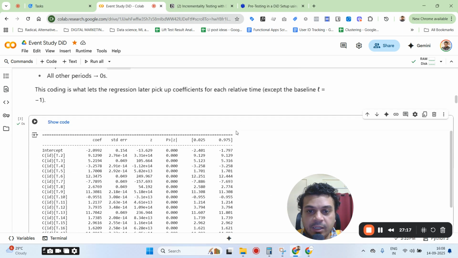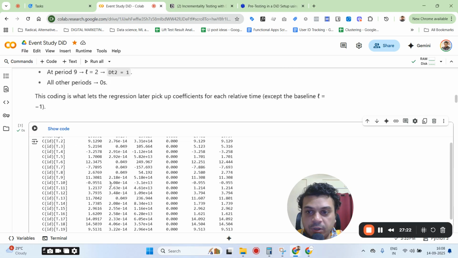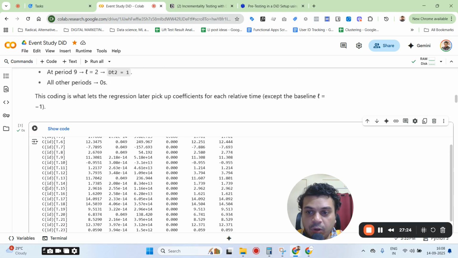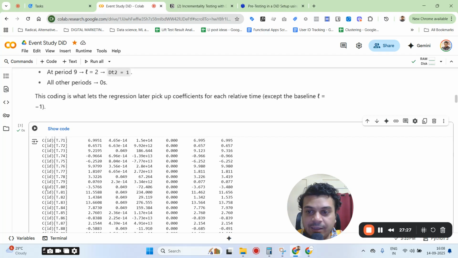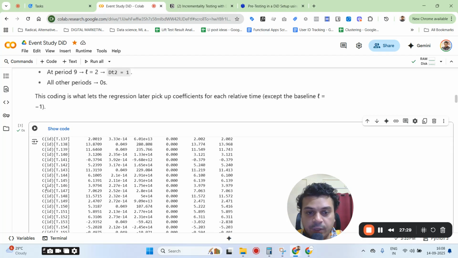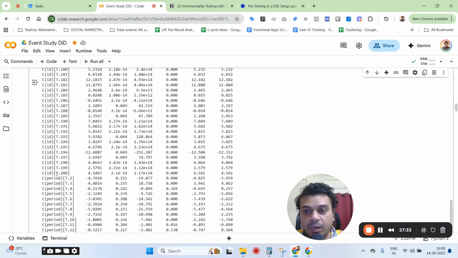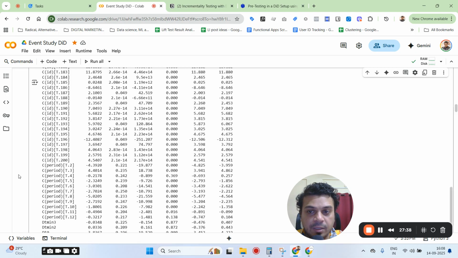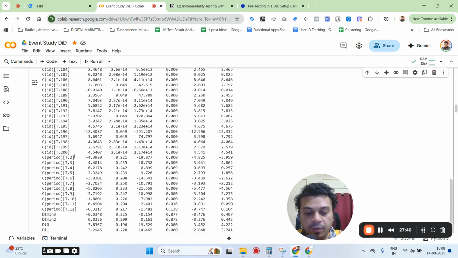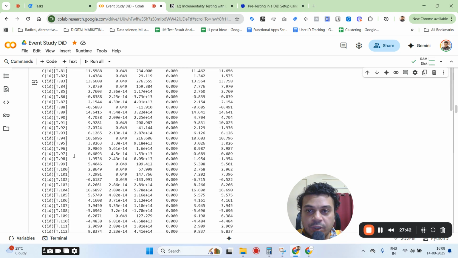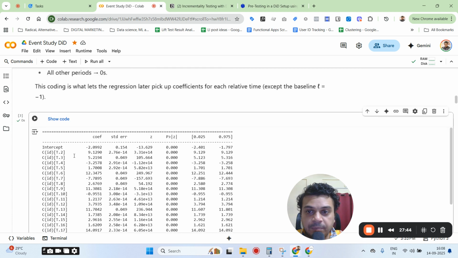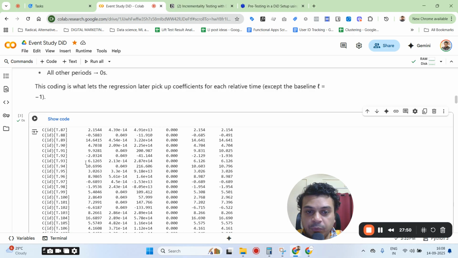Like any regression output, it gives you all the different variables and their coefficients, the standard error, the z-score, the p-value, and the interval. But we are only concerned about a few of those, the 2 before in the lags and the 3 in the lead, right? The rest we are not concerned about.